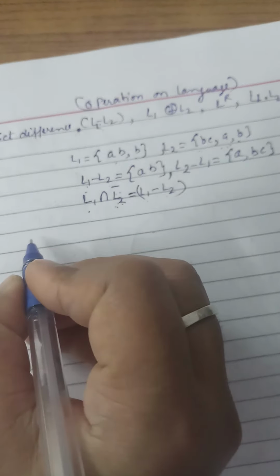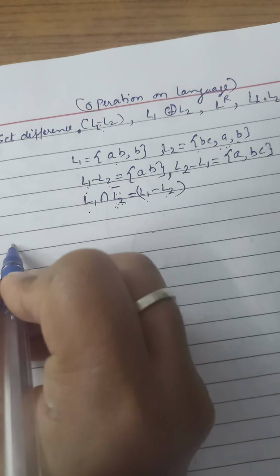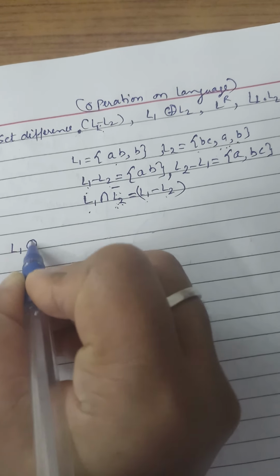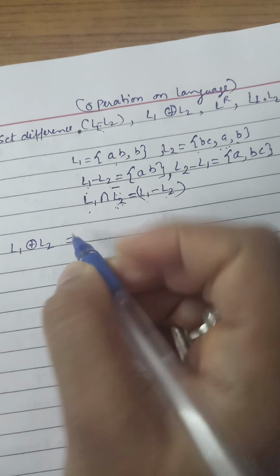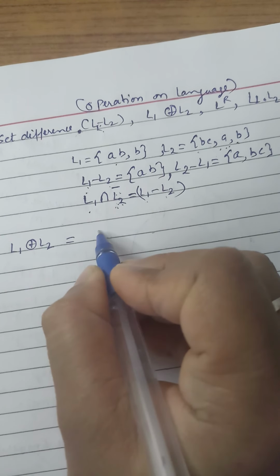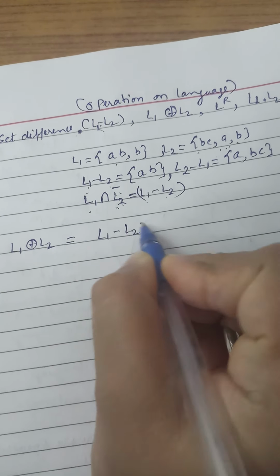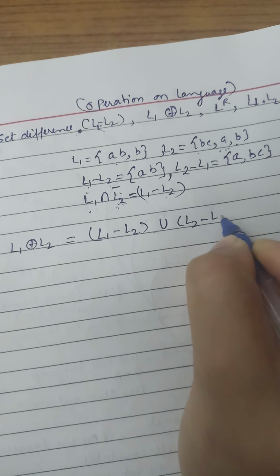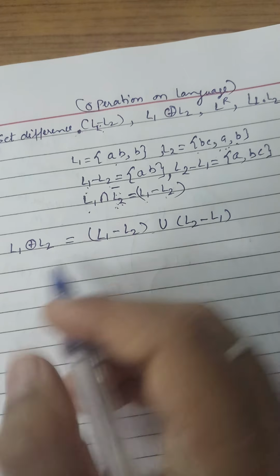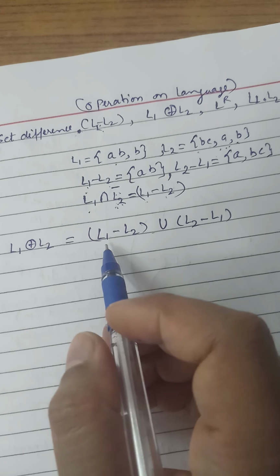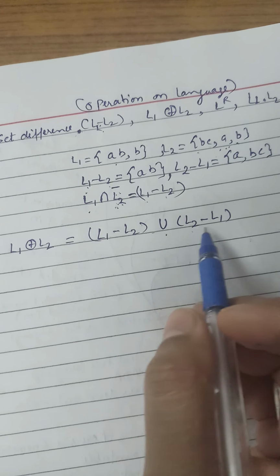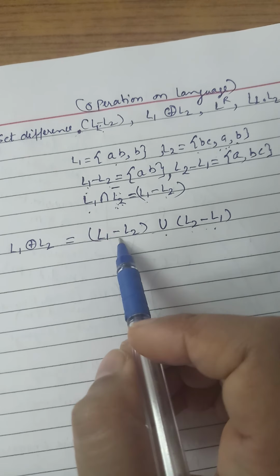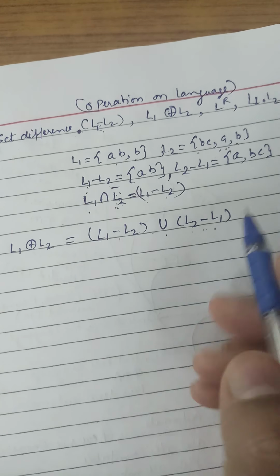Now come to the next, which is L1 XOR L2. We can write it as L1 minus L2 union L2 minus L1. Here L1 only will come and here L2 only will come.